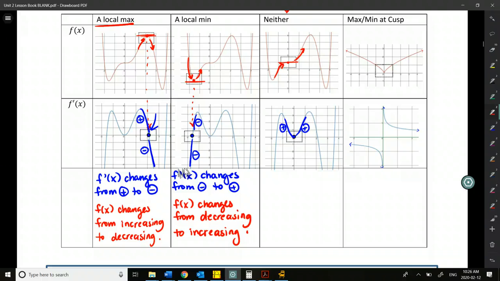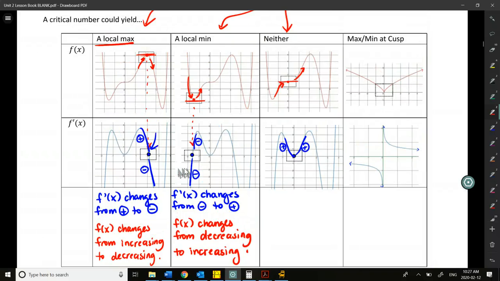So in order to produce a local max or a local min, the function must change from increasing to decreasing or decreasing to increasing. If it's always increasing or always decreasing, even if the slope of the tangent is 0, somewhere in between there, we have neither a local max nor a local min.